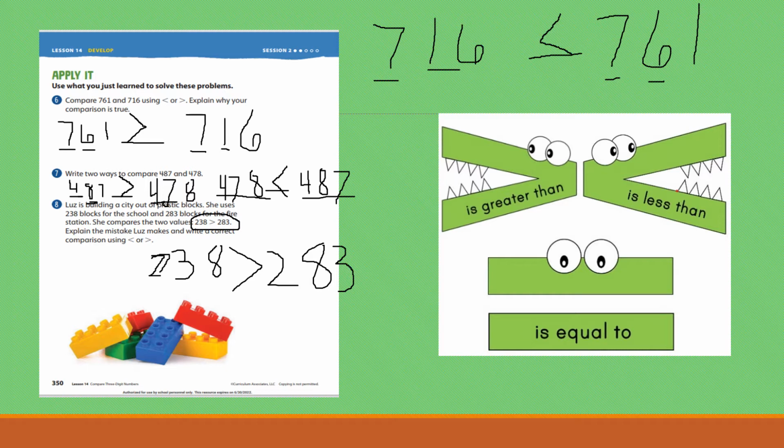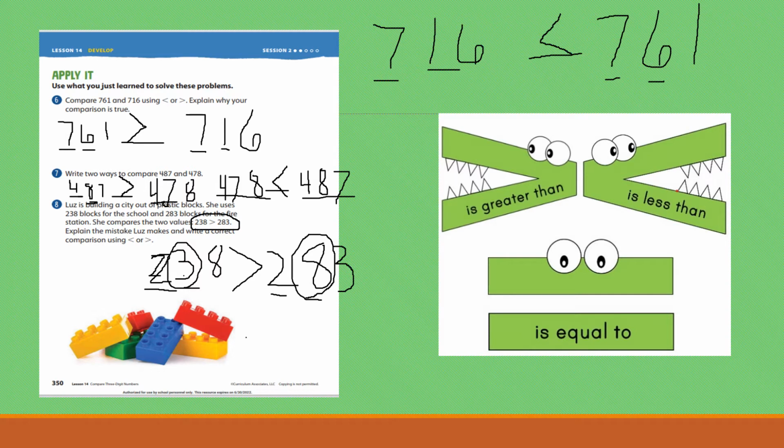If you went through this, you see the hundreds are the same, but the tens are not the same. She's saying that 3 tens is greater than 8 tens. Is she right? No. So when you want to explain her mistake, you would say 3 tens is not greater than 8 tens. And then it's asking you to write it again.